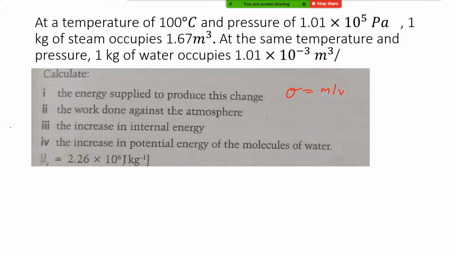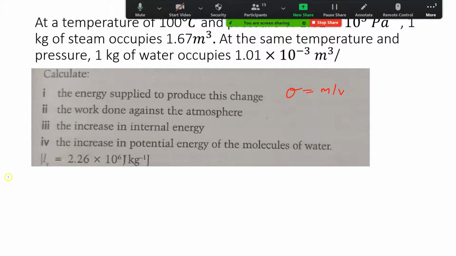Right? So the question had given us the latent heat of vaporization, and we know the mass, which is 1 kilogram. So by putting that information here, 1 kg times 2.26 times 10 to the 6 joules per kilogram, we should get the amount of energy, which is the heat that was supplied to the system.